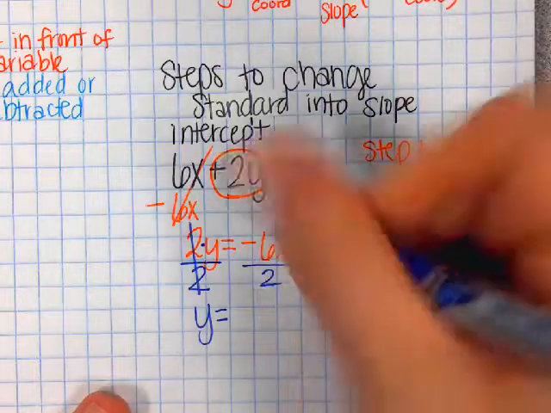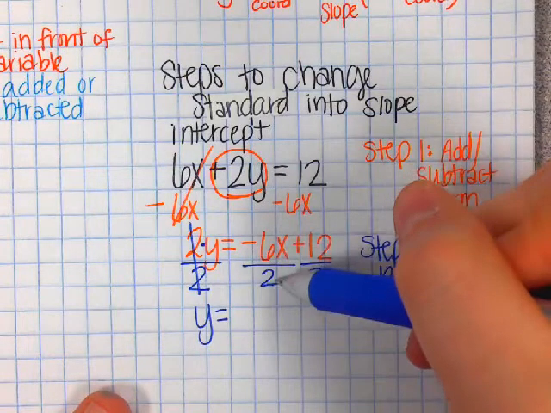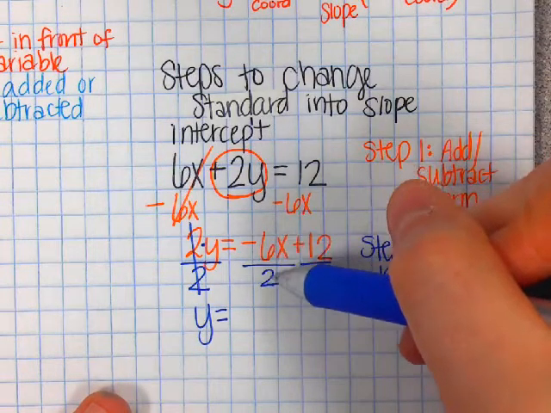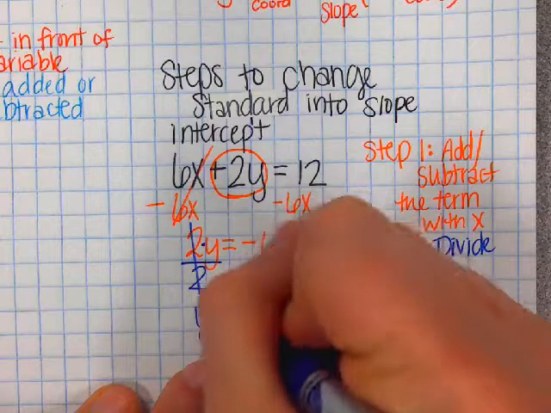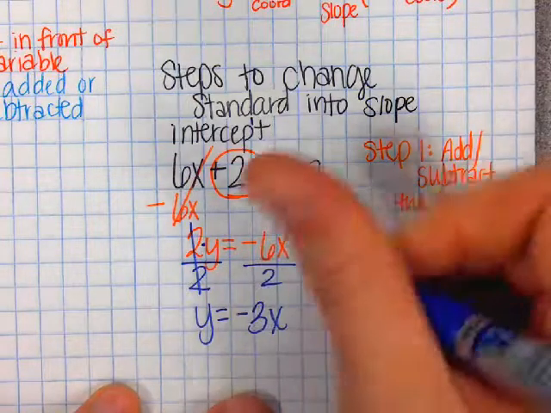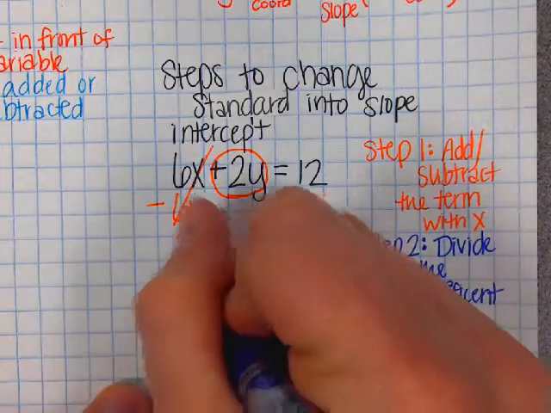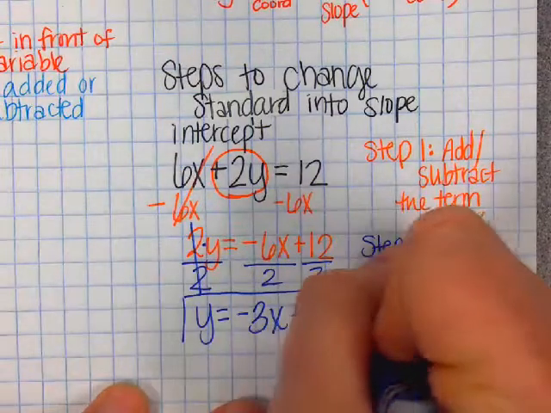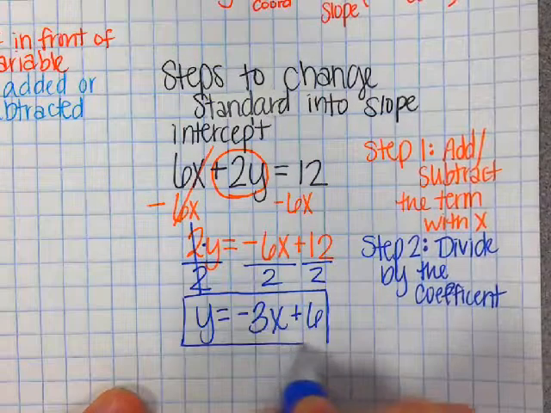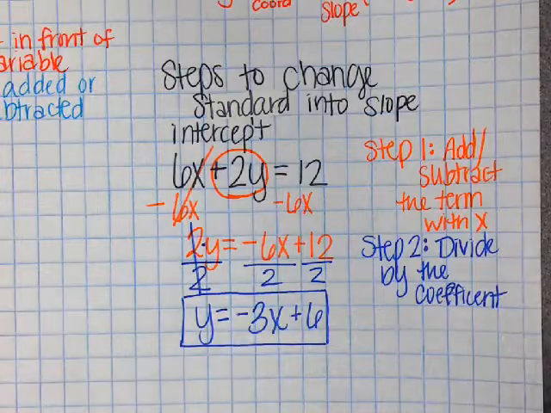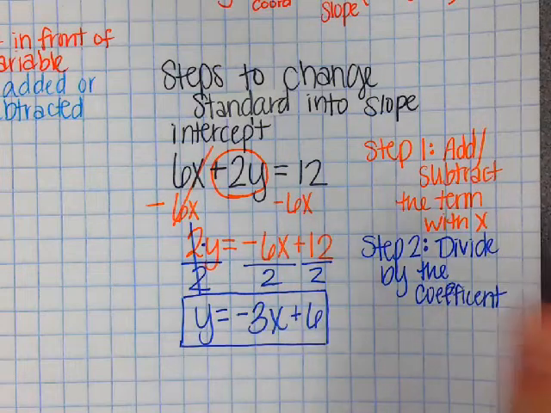So y equals negative 6 divided by 2, which is negative 3x, and then 12 divided by 2 is 6. So that would be my slope-intercept. Anytime it tells you to change it into slope-intercept, that is what you do.